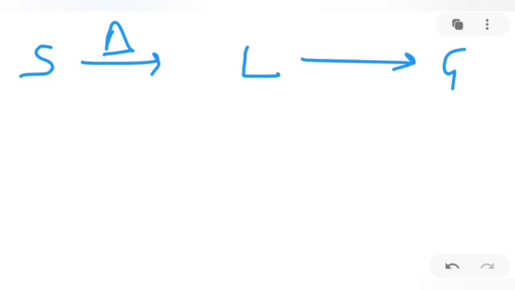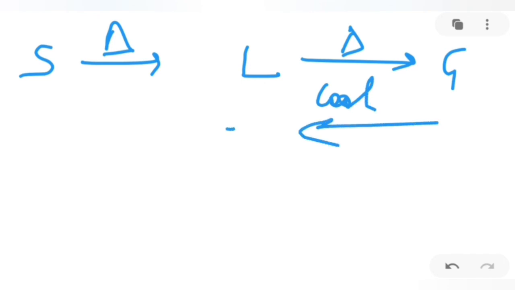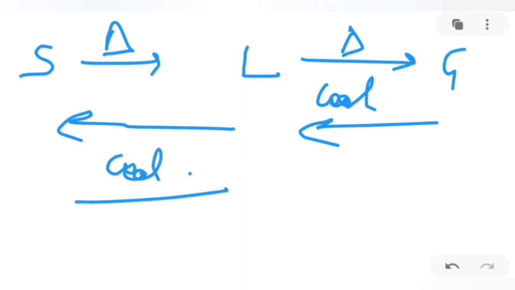Solid, here we write liquid and here I am writing gas. When we heat it, it becomes liquid, and when I heat it further, it becomes gas. When I cool it, gas converts into liquid, and when I cool it further, liquid is converted into solid. So now I hope this is clear.